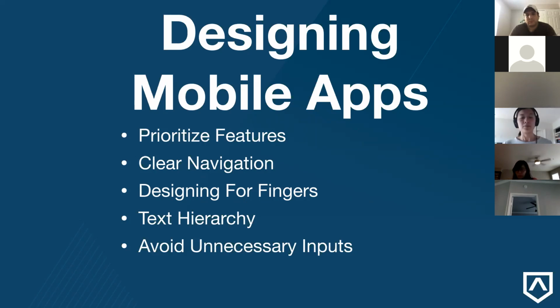Instead of them entering it in manually, perhaps consider putting it as a drop-down menu so that the user could easily go in and select the age range that they're in. So just really thinking of shortcuts so that we can make it easier for our user to navigate.